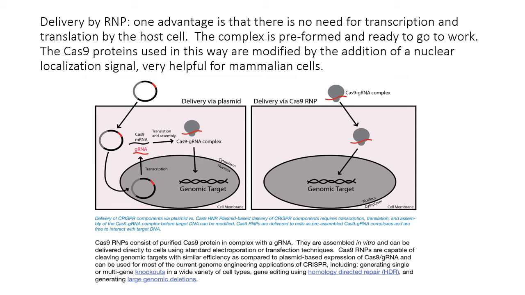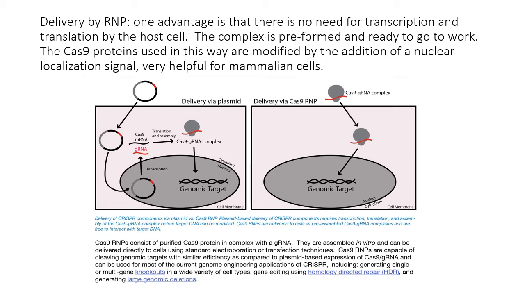So the DNA-based delivery is a little more complicated from the standpoint of the cell because the plasmid has to get into the nucleus, has to get transcribed. The RNAs have to get out to the cytosol for translation into protein, but they do. The cell will form the correct Cas9 complex, which can then go back into the nucleus to cut its genomic target.